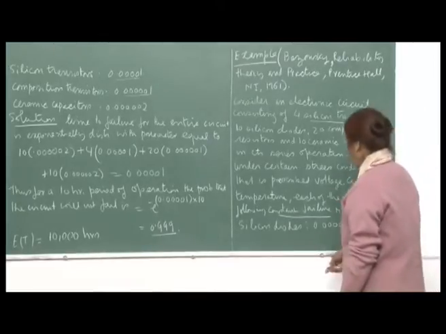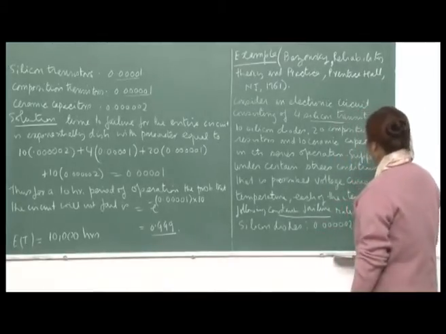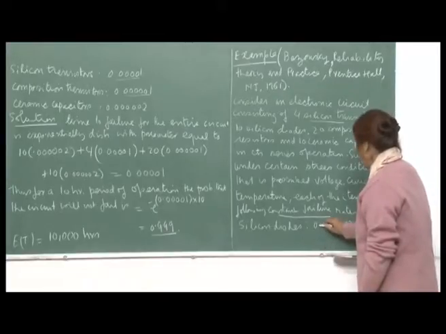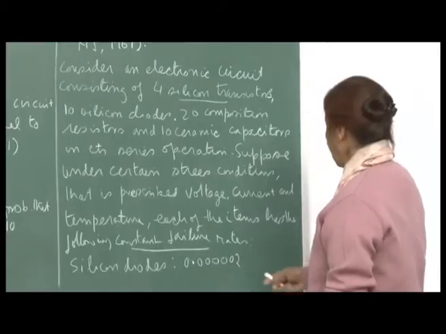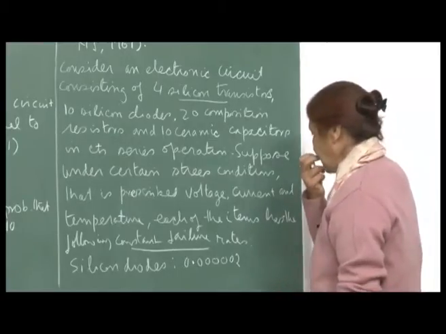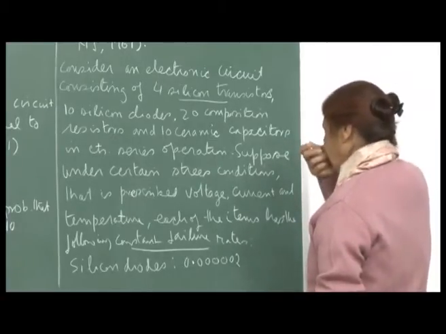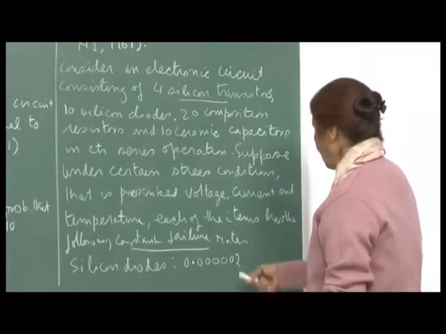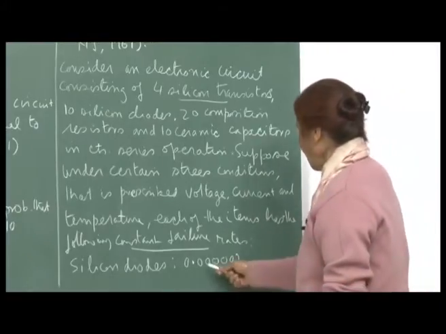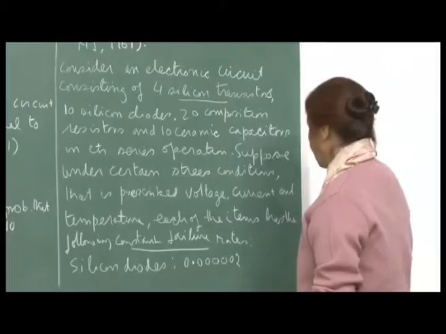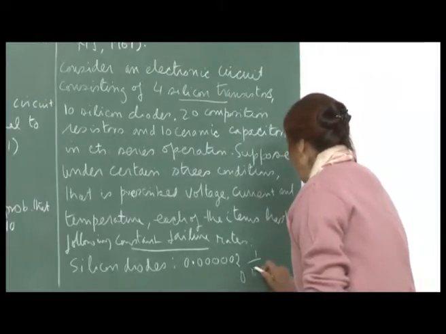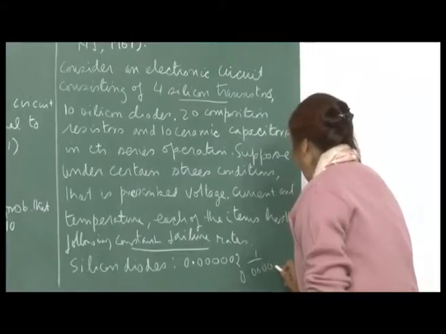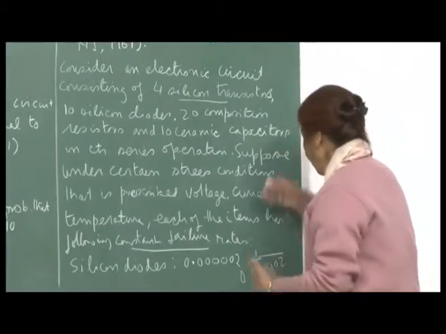So, for silicon diodes, in hours, your parameter is 0.00002. If you convert this, the mean failure time will be how much? You will have to write 0.0000002. So, it is a fairly large number.